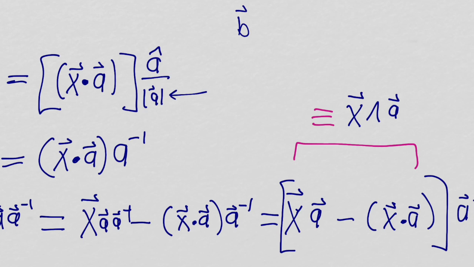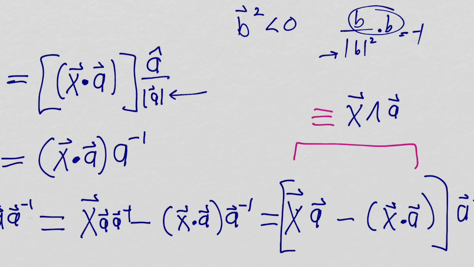Well then b over the magnitude of b squared, if you multiply that by b, you're going to get a number on the top that's less than 0 and a number in the bottom that's greater than 0. So this is going to equal minus 1, right? So it won't be the inverse. It'll be the opposite of the inverse.